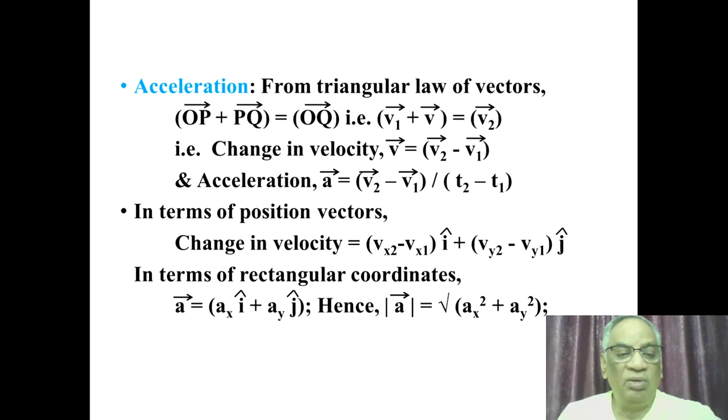In terms of rectangular coordinates, a bar is given by ax i plus ay j, because (vx2 minus vx1) by (t2 minus t1) is ax, and (vy2 minus vy1) by (t2 minus t1) is ay. So these are the two acceleration components in the x direction and y direction. Thus in rectangular coordinates a bar is ax i plus ay j unit vectors, hence the magnitude of a bar is given by the square root of ax square plus ay square.